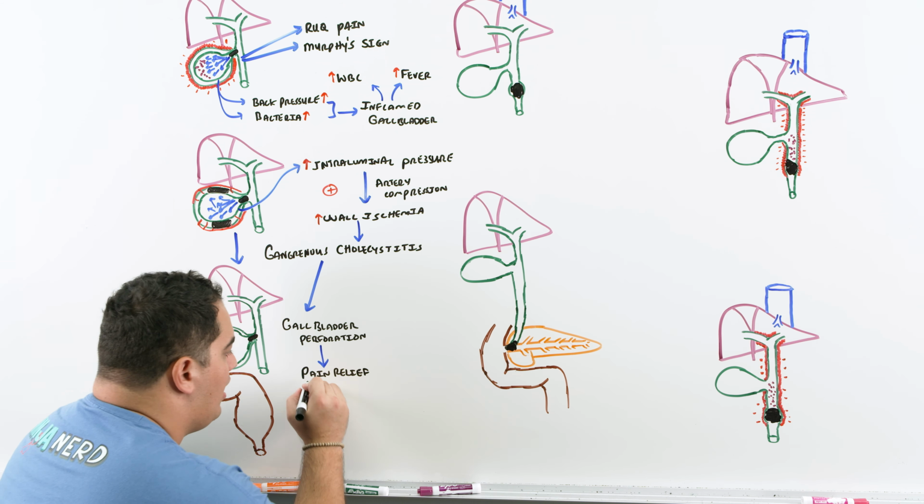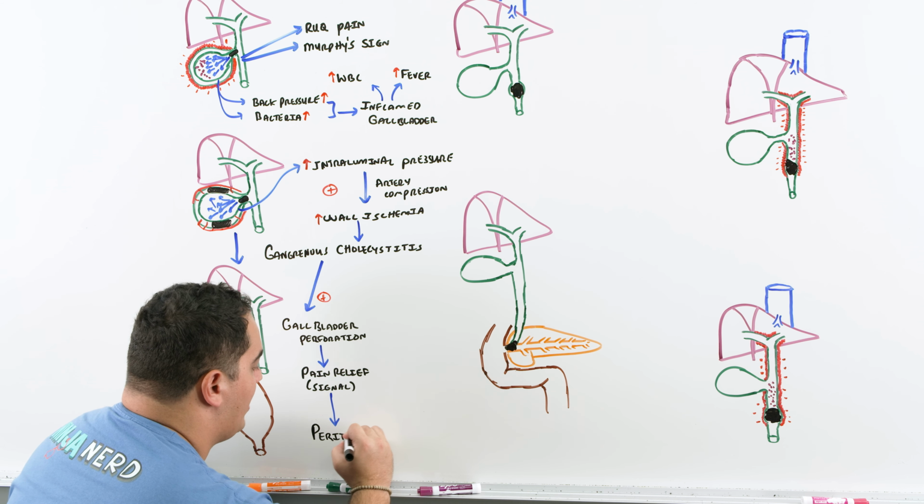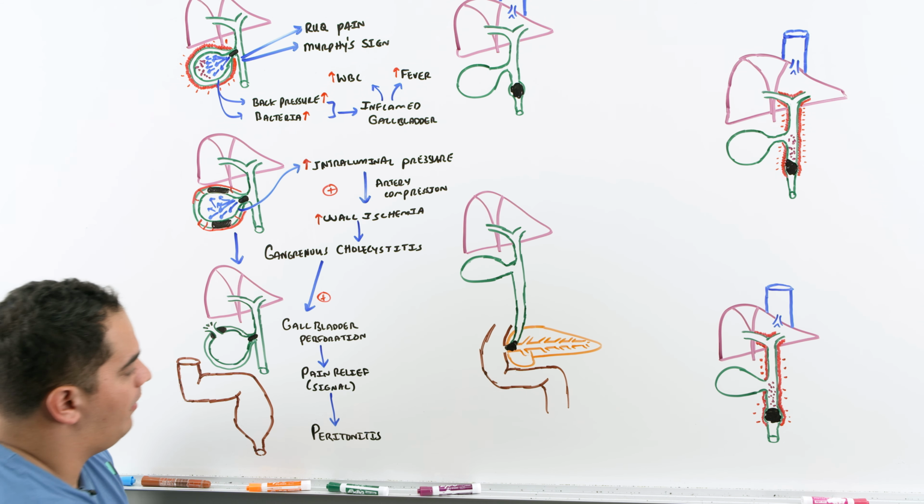The second one is you can perf, but you don't perforate into the peritoneum. So you'll get pain relief, but again, let's make sure we talk about this. It'll be quickly followed by death. I'm not trying to make that funny, but it's seriously true in the sense that these patients will get terribly sick. So they will quickly follow into peritonitis. I just want you to understand, they'll have a quick pain relief, but then they'll ensue into peritonitis.